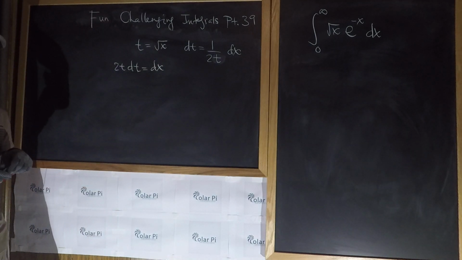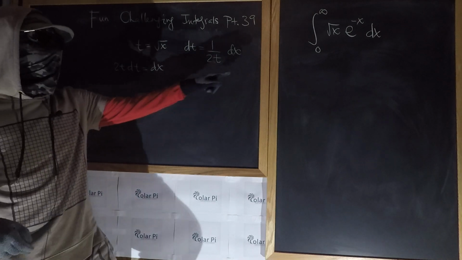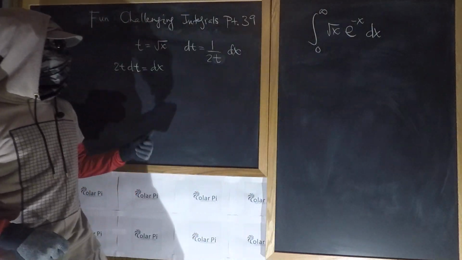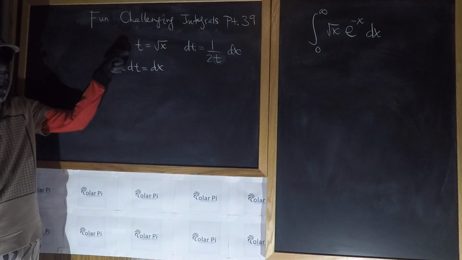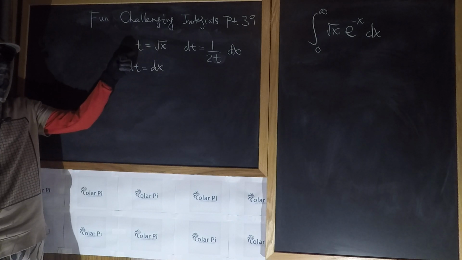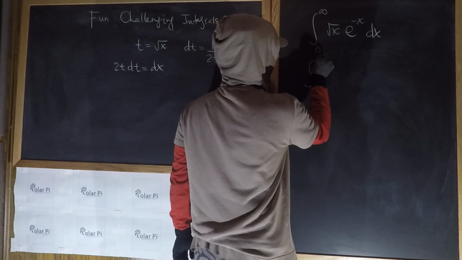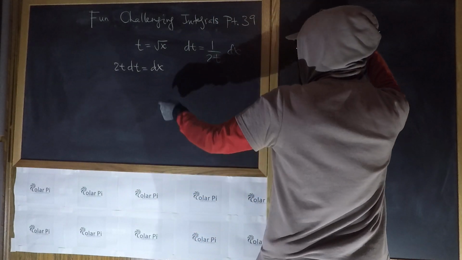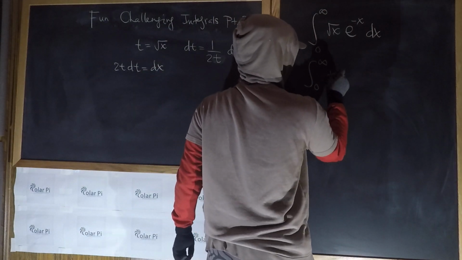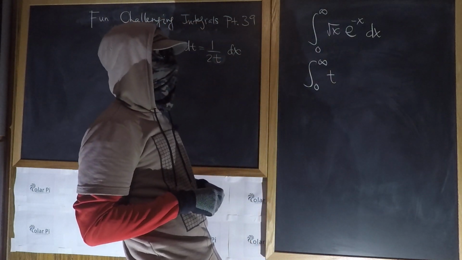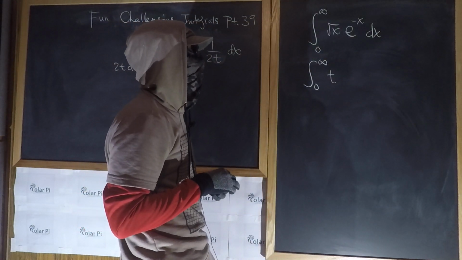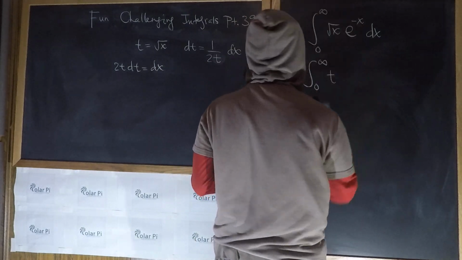Now notice that the limits of integration do not change, because when x is 0, t is 0. And as x goes to infinity, so does t. So we go 0 to infinity, and then root x is t. And if root x is t, then x is t squared, right?